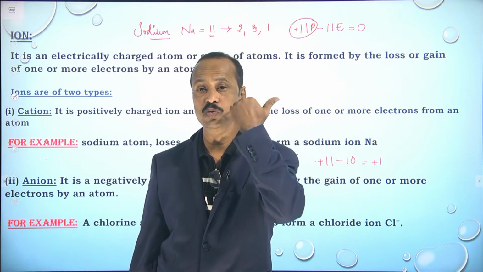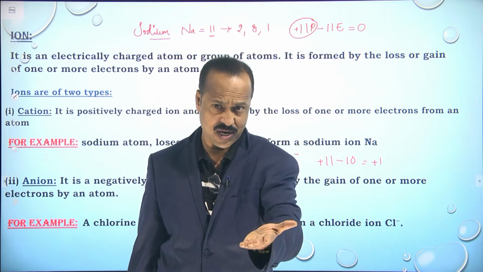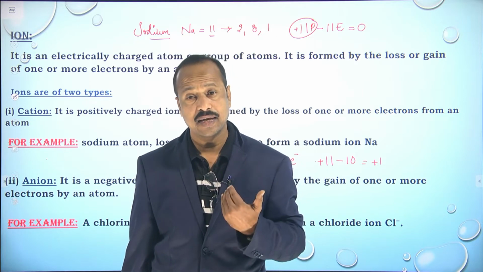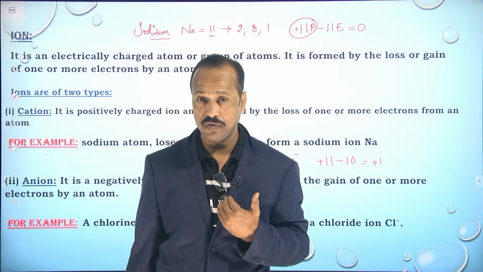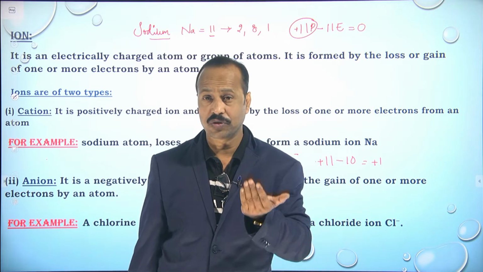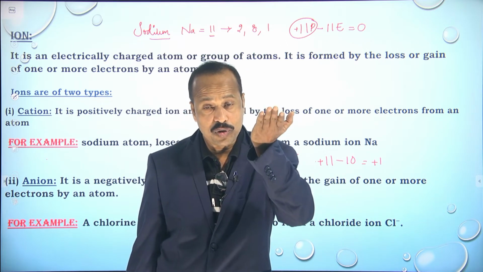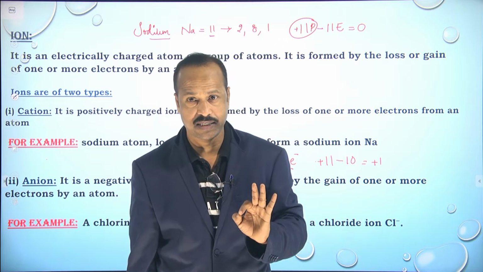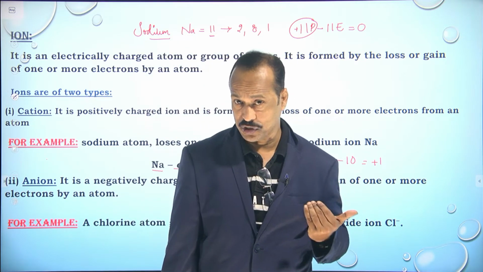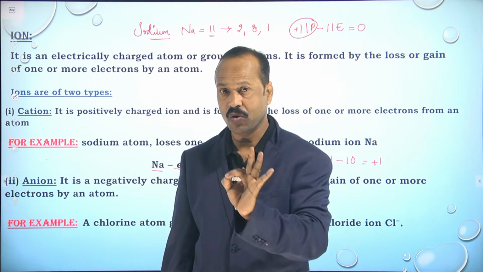If one atom gives one or two electrons to another atom, it becomes positively charged. A negatively charged ion is called an anion. How does it become an anion? When it takes one or more electrons from another atom, the number of electrons becomes more than the protons. So the negative charge becomes more than the positive charge, and it becomes negatively charged. This is called an anion.